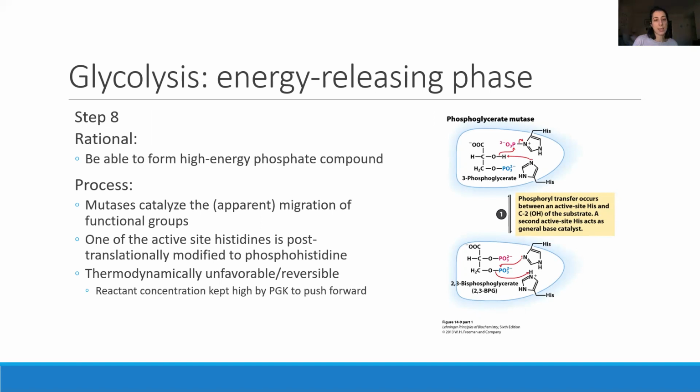One of the active sites on this mutase is a histidine, and it is modified to a phosphohistidine, in fact.